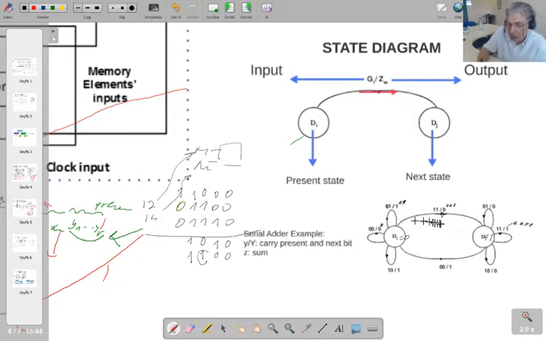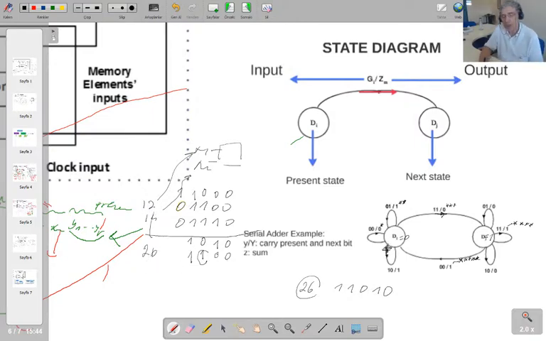So when you apply 0, 0 input, that is the last output that you're going to observe. So if you write what you observed in order, the first output is 0, the second output is 1, third output is 0, fourth output is 1, and fifth output is 1. So that's 26. When you add those two it is 26.